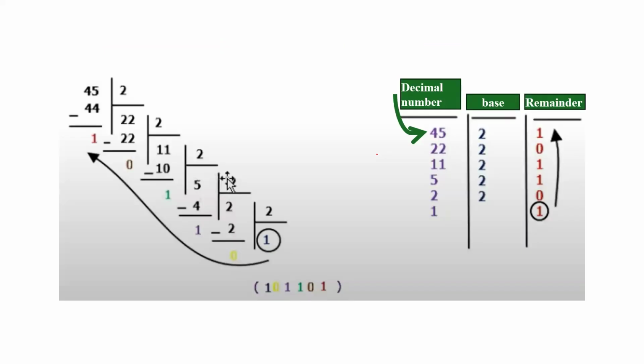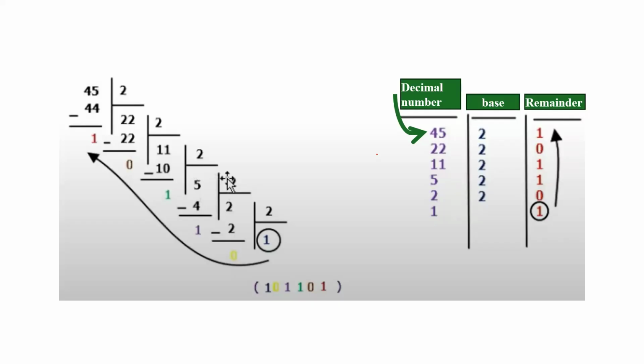Let's see this one. Let's repeat. Our decimal number is 45. We will divide by 2, 22, and then remain is 1. Remain is 2. And then by 2 again, 5 is 1.